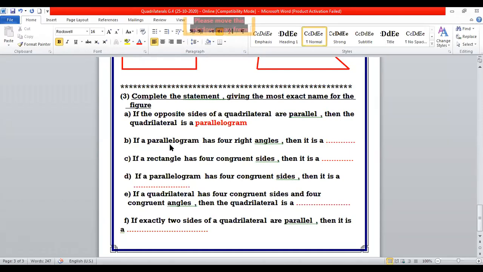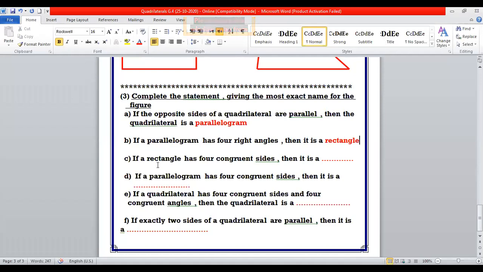Rectangle. Yes, it's a rectangle. In the rectangle, each two opposite sides are equal, like the parallelogram, but it has four right angles. Then, if the parallelogram has four right angles, it will be a rectangle.